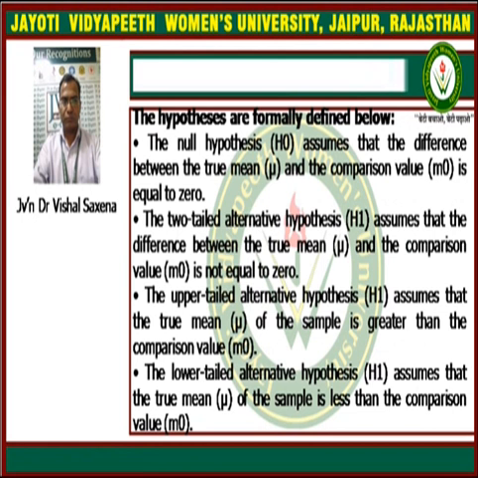The hypotheses are formally defined below. What are the assumptions we have to take here? The null hypothesis assumes that the difference between the true mean and the comparison value m0 is equal to 0. Therefore the alternative hypothesis is its reverse statement, that the difference between these two is not equal to 0.